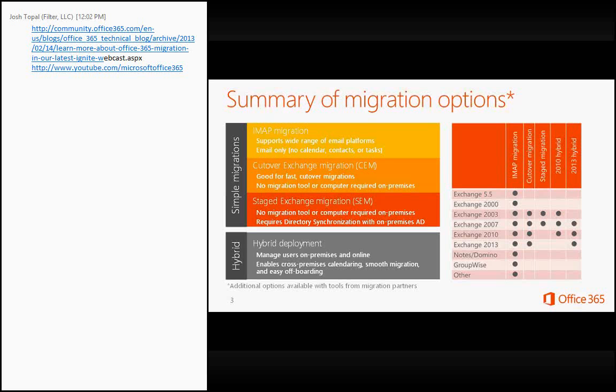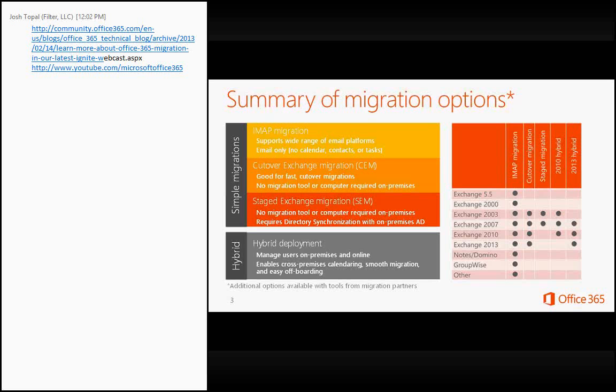We've got various options on here, and one of the areas we'll dive into a little more in this session is the IMAP migration. We can use that for IMAP-based source environments to move to Office 365, or for migrating from other cloud providers that also provide the IMAP service.